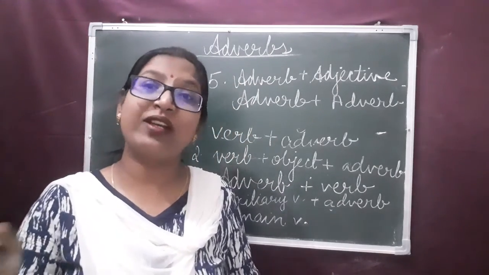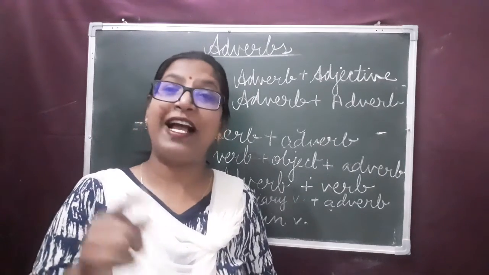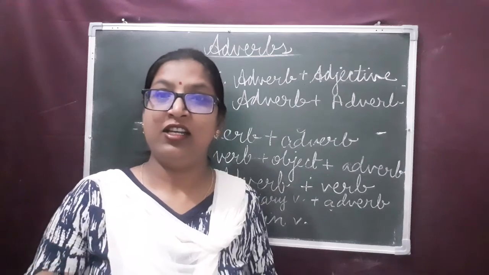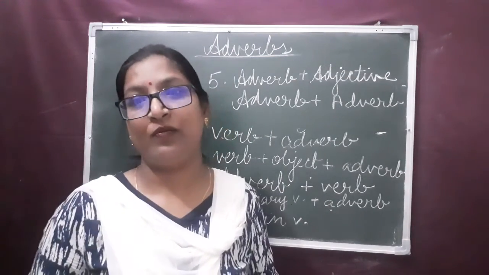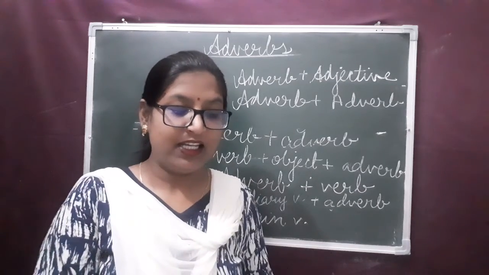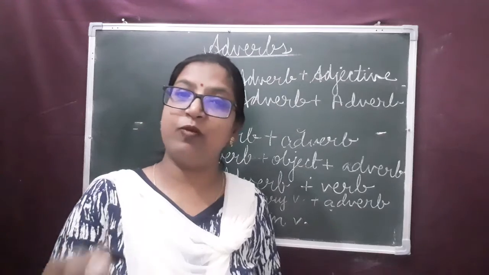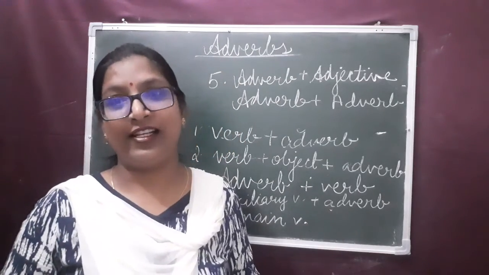Get my bag quickly. Quickly is an adverb here. Get my bag very quickly. So, very is modifying the adverb quickly. So, here we can see an adverb is placed before another adverb which it modifies.